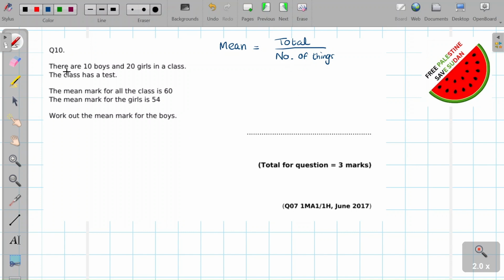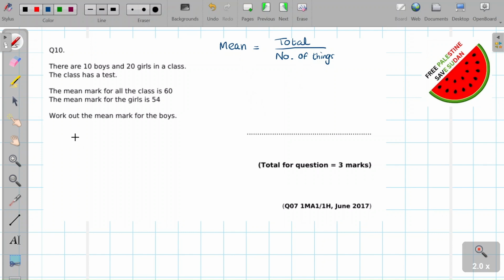So there are 10 boys and 20 girls. They have a test. So the mean mark for all the class is 60. So the total for the whole class divided by 30 students would have given you 60.